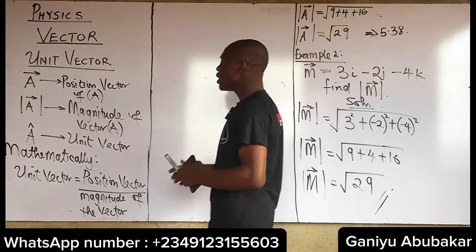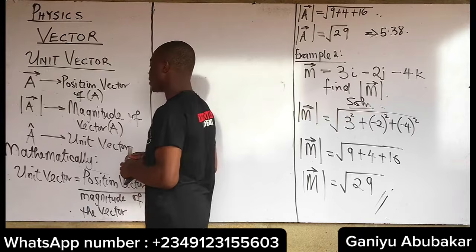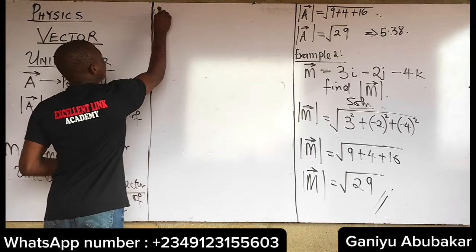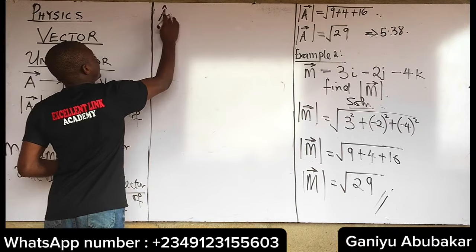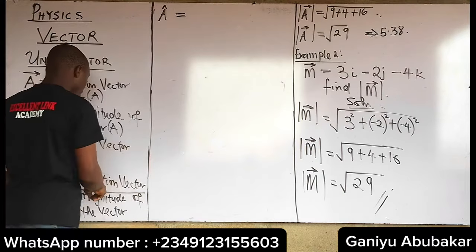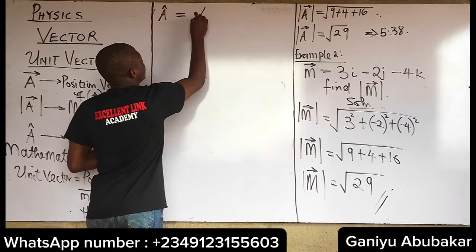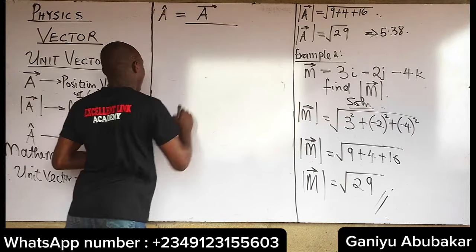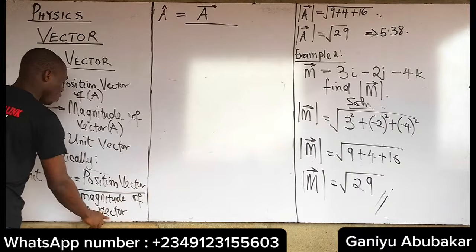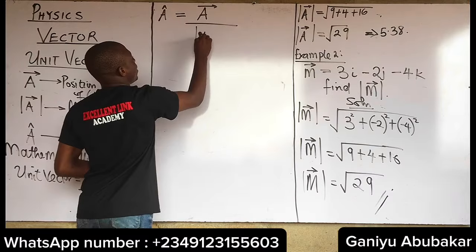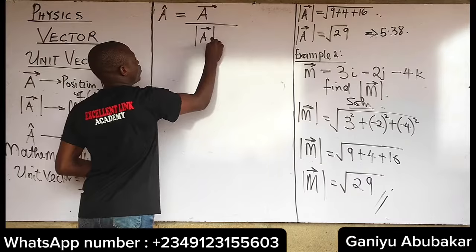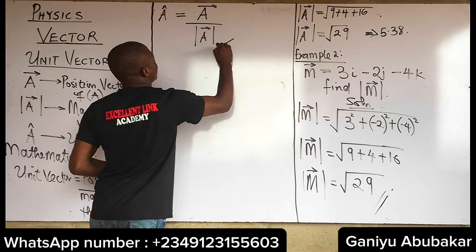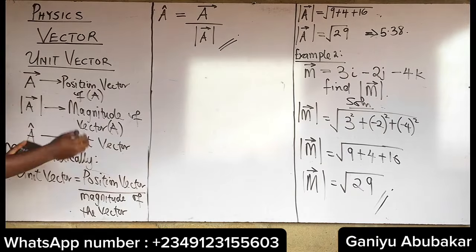So it means that, using vector A for instance, the unit vector A caret is equal to the position vector, that's this, all over the magnitude of the vector. This is the mathematical expression for unit vector.